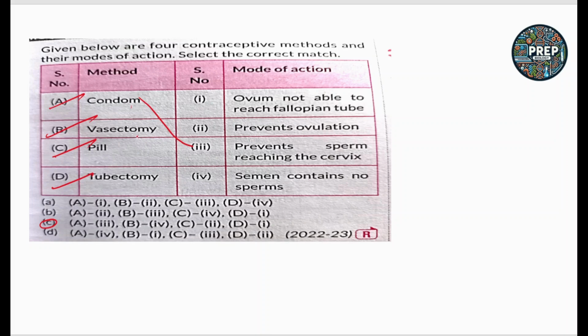It is the surgical method of contraception in which the vas deferens is cut so that the semen contains no sperms. Pills, what is the function of the pills? They prevent ovulation, and tubectomy is done in females, in which the fallopian tubes are cut, so the ovum is not able to reach the fallopian tube. The answer of this question is option C.